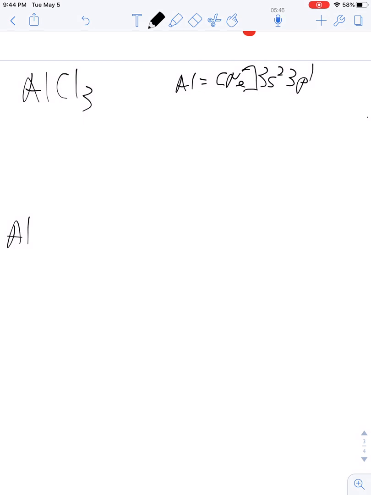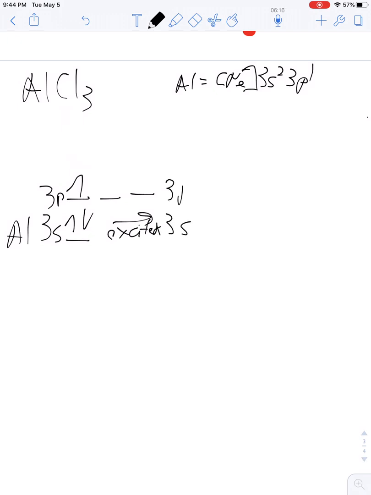So I only have one electron that's unpaired. So I could see how aluminum would form one bond, but why is it forming 3 bonds? So we have to come up with an explanation. And what we believe is happening is that the electron gets excited and it jumps up to the 3p.